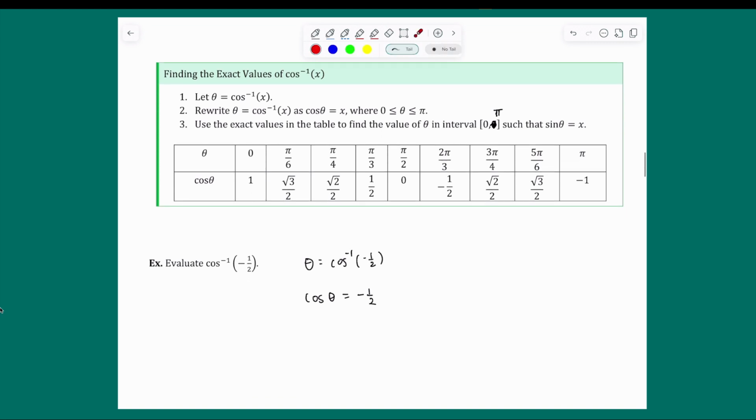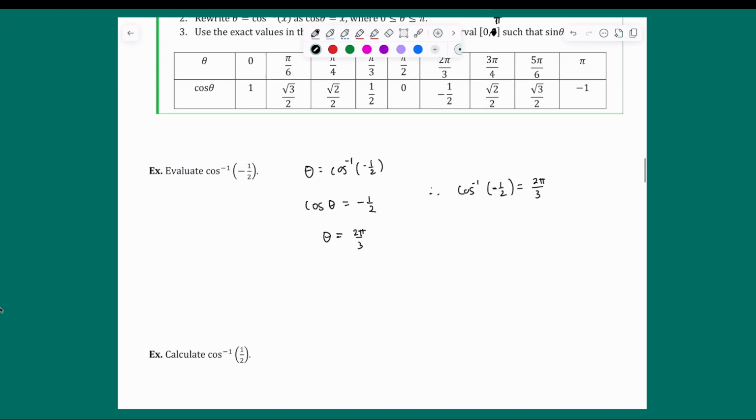Right, so then finding in our table where we have cosine of theta equal to -1/2, which is here, that shows that it corresponds to the angle 2 pi over 3. So then we have theta equal to 2 pi over 3. Therefore, cosine inverse of -1/2 is 2 pi over 3.